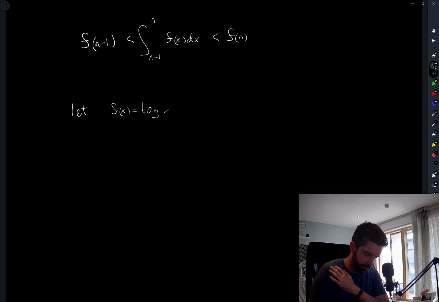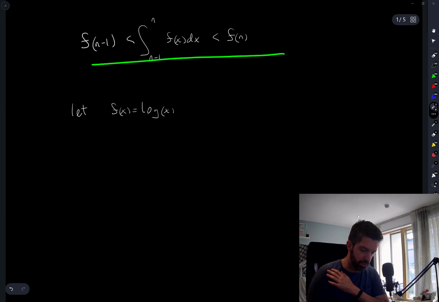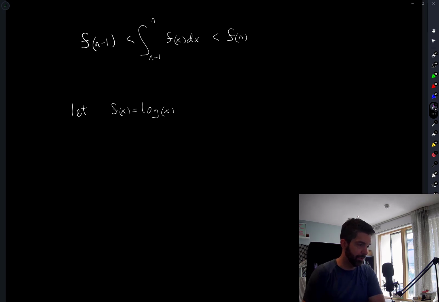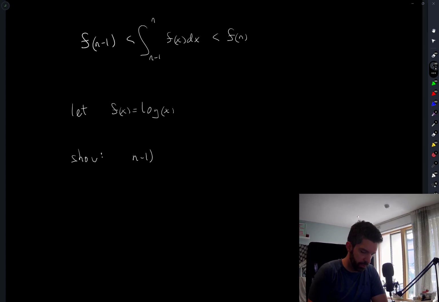My first thought here is to just substitute log x into this inequality and see what happens. It looks like we're not going to end up with exactly the inequality that we're asked to prove.